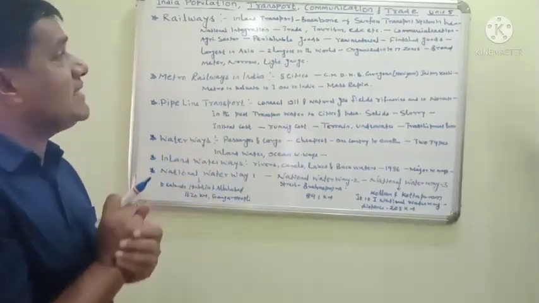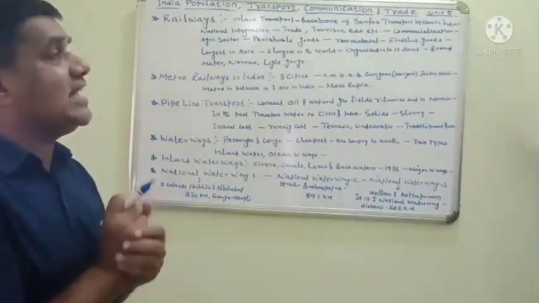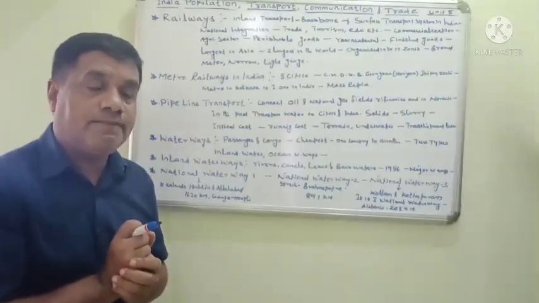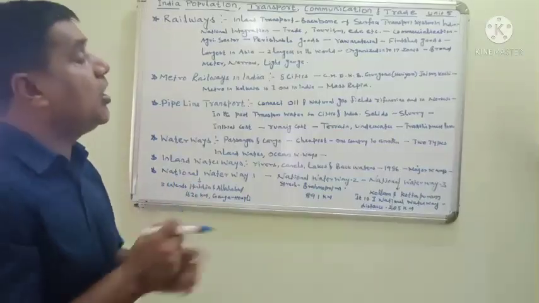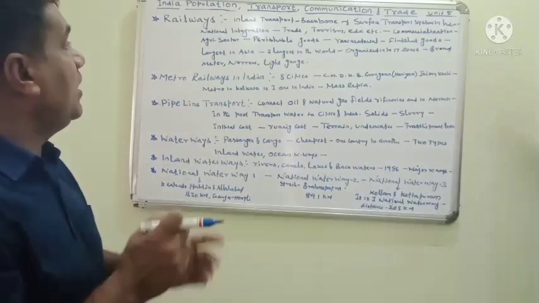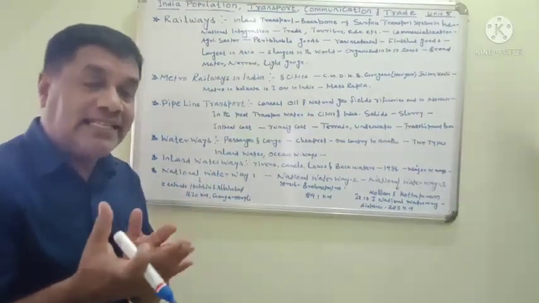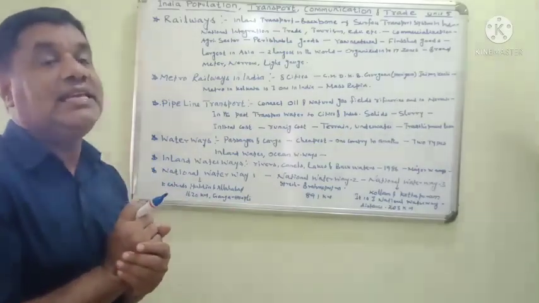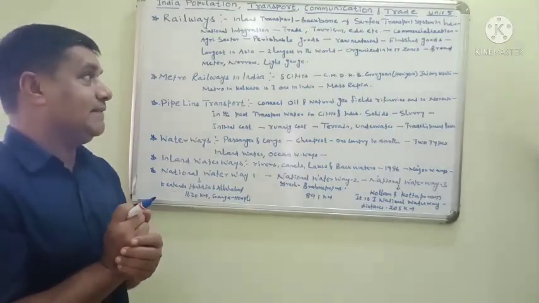The railways promote commercialization. For trading purposes, all the goods are carried by the railways from one place to another. Particularly in the agriculture sector, after harvesting, the perishable goods are carried by train from one place to another.